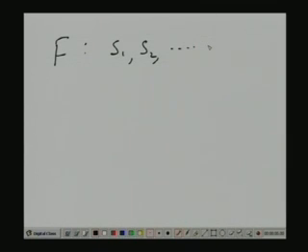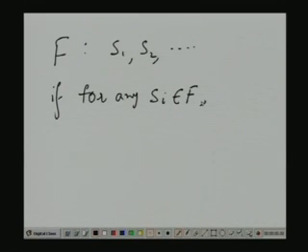Now, this will be a field if for any Si, which is an element, because a field is a class of sets and each set is an element of this class, we have Si bar also a member of F. That is, if a set belongs to this field, then its complement also must belong to the field, number 1.